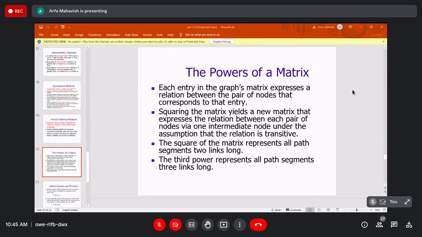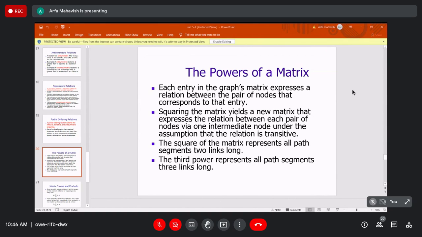So if you have three nodes, then you use a 3 by 3 matrix. If you have two nodes, then you go with a 2 by 2 matrix. This is the way you represent it, and in the matrix we show the relationship of the graph: how the flow graph travels from one node to another node, what the weightage of those nodes is, and the connections and relations between the nodes, all in matrix format.